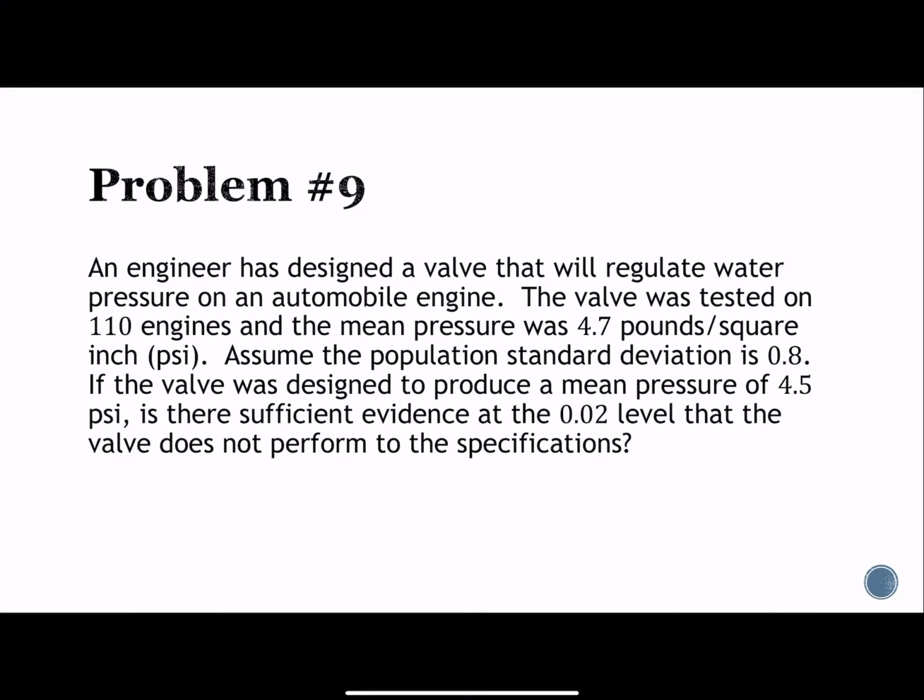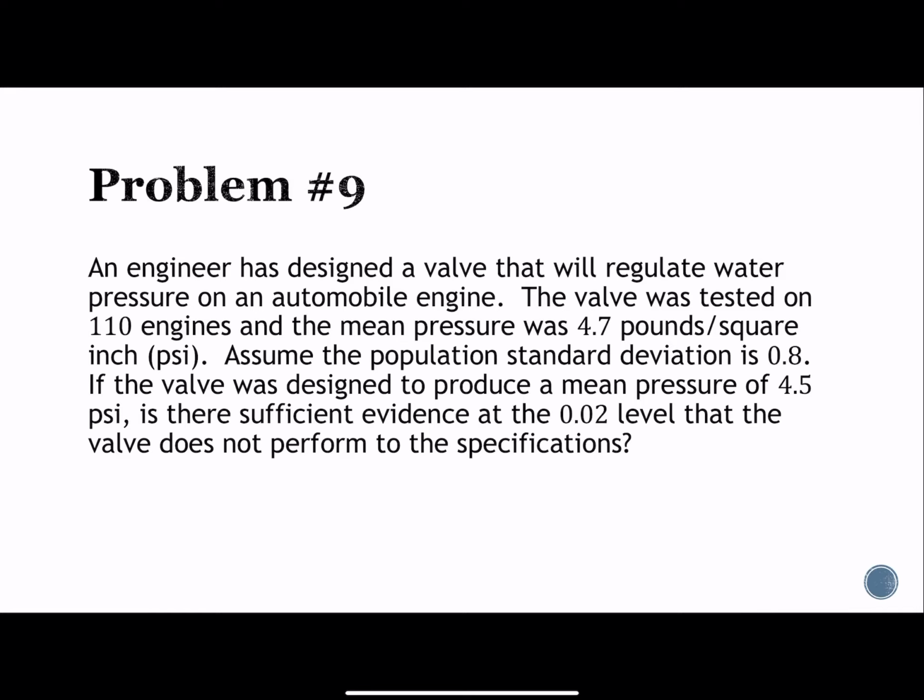Okay, we've got an engineer here who designed a valve that will regulate water pressure on an engine. The valve was tested on 110 engines, and the mean pressure is 4.7 pounds per square inch, or PSI. Assume the population standard deviation is 0.8.